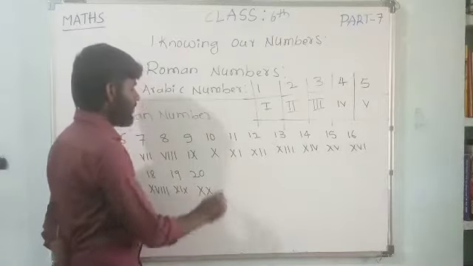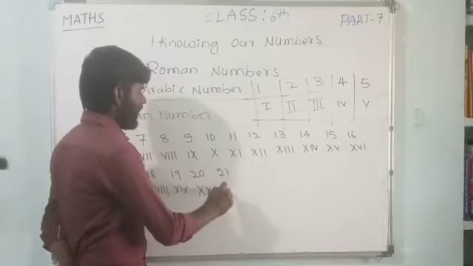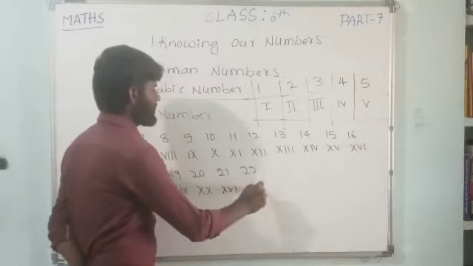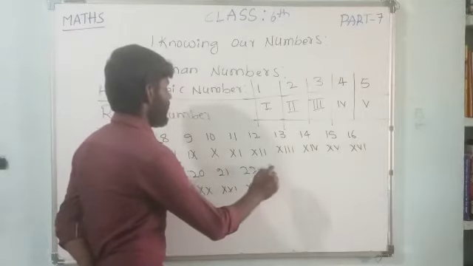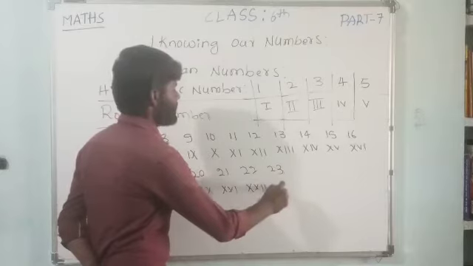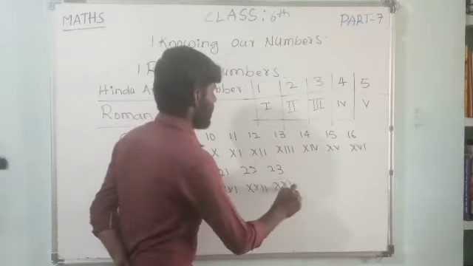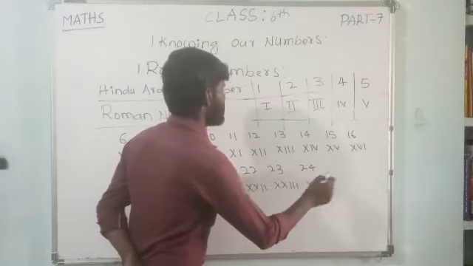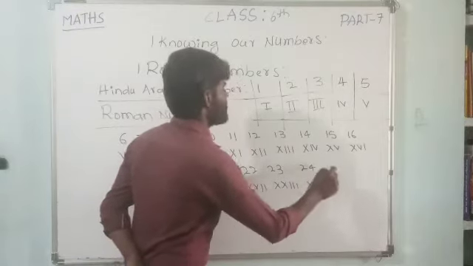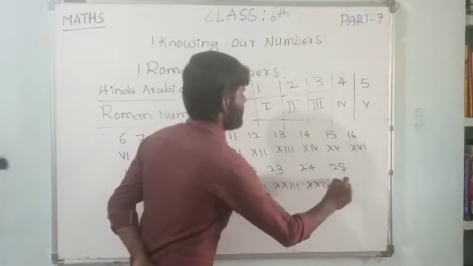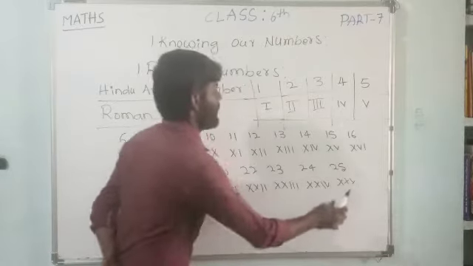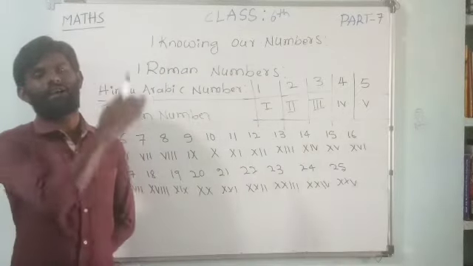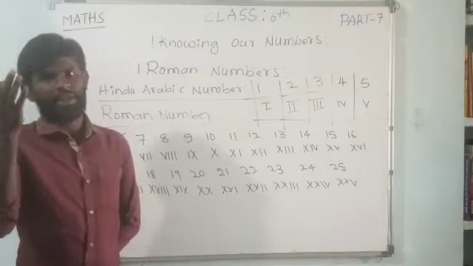For the 21, XXI. 22, XXII. Then 23, XXIII. Then 24, XXIV. Then 25, XXV. Yes, you can continue. You can write down from 1 to 100 right now.